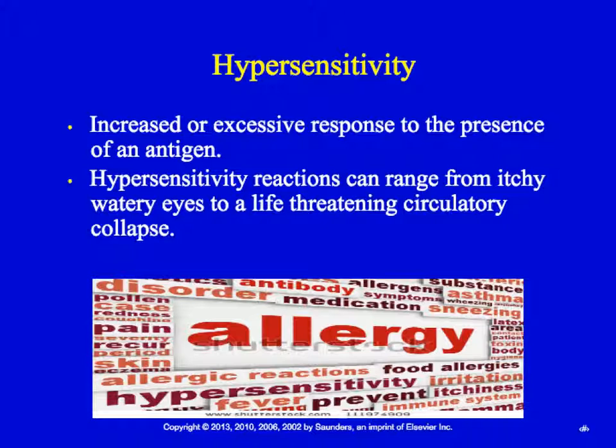But just make sure you review that table to see the different types of hypersensitivities that can occur. Basically, what you can see is that the body produces certain antibodies in response to an allergen or an antigen. It's something that the body has recognized as foreign, and so it produces antibodies to fight against it and causes an inflammatory response.